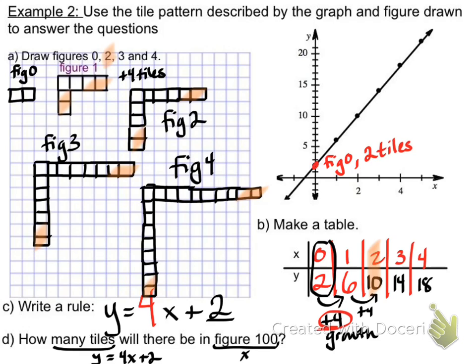So in our rule, 4x plus 2, we're going to put 100 in for x. So it's going to be 4 times 100 plus 2. That's how I get y, because that's what the rule says. Y equals 4x plus 2. Doing the math, I get 402 tiles, because 4 times 100 is 400, plus 2, 402. So the answer for question D is 402 tiles.